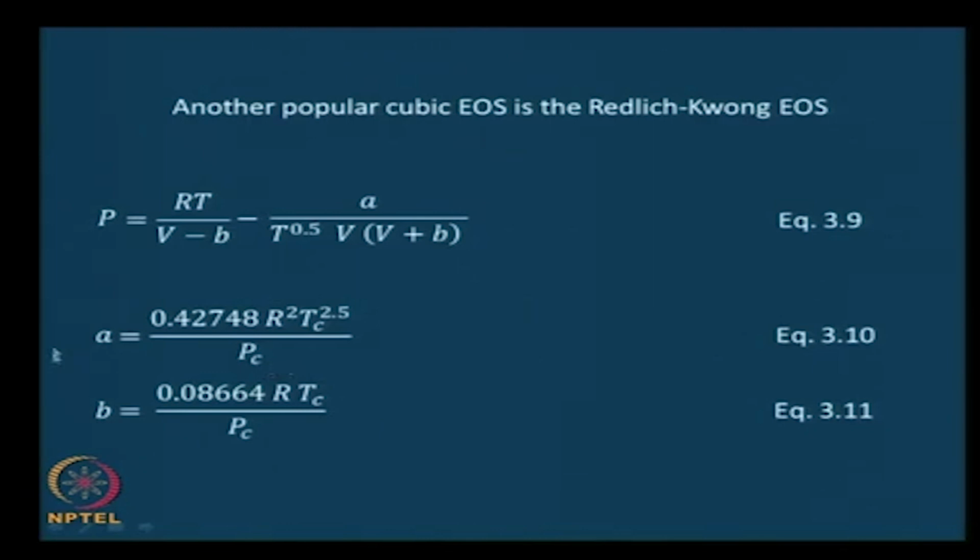Now, you might be wondering how I wrote this. I did say that you can write this in terms of Tc and Pc. How did people get this seemingly accurate number 0.42748 and so on? That is what you are going to do as the next exercise.